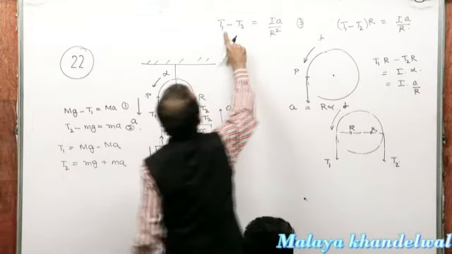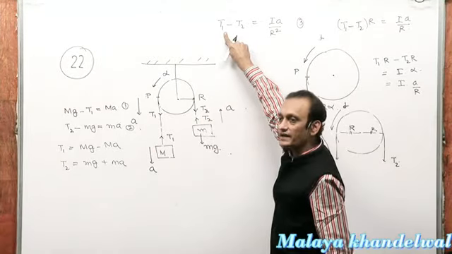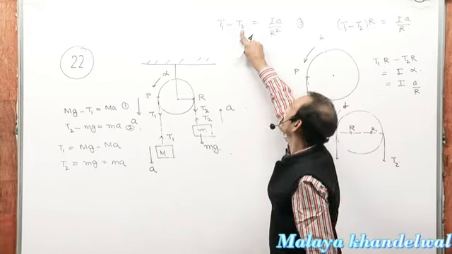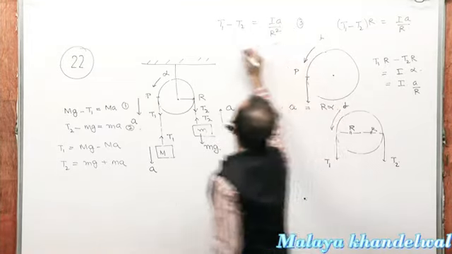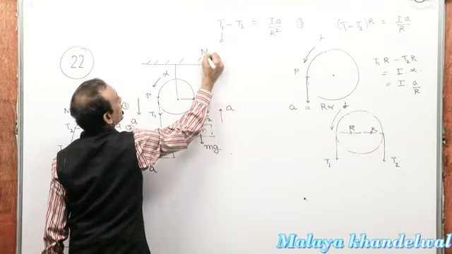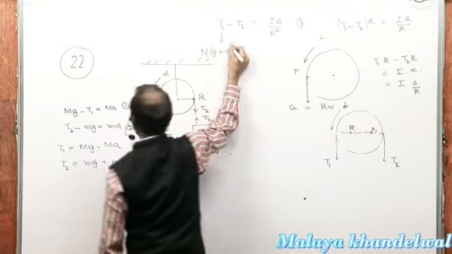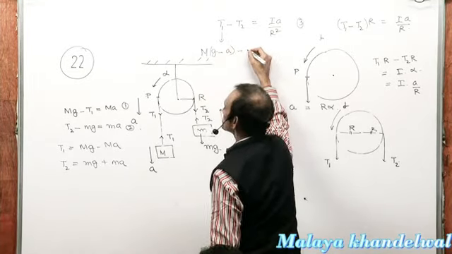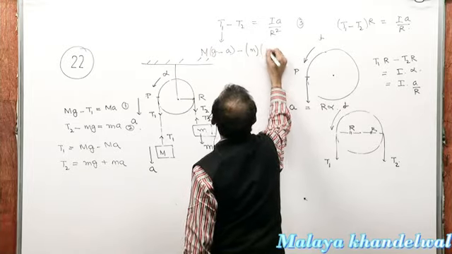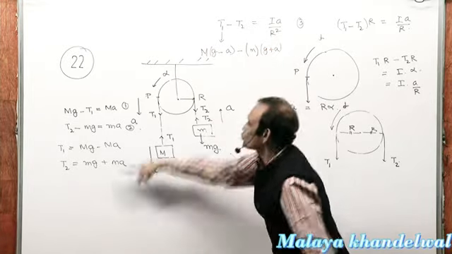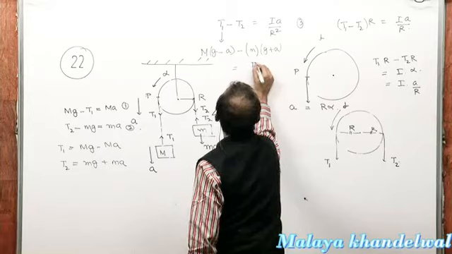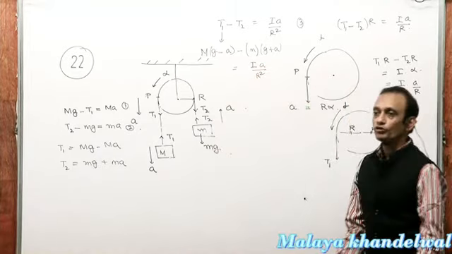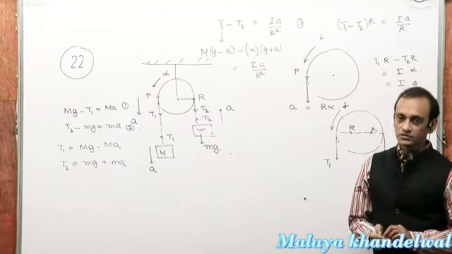Plug in T1 and T2 here, T1 as capital M into G minus A, and T2 as small m into G plus A, and solve for A. That must equal I A by R squared. And you can solve for A, the acceleration of the system.